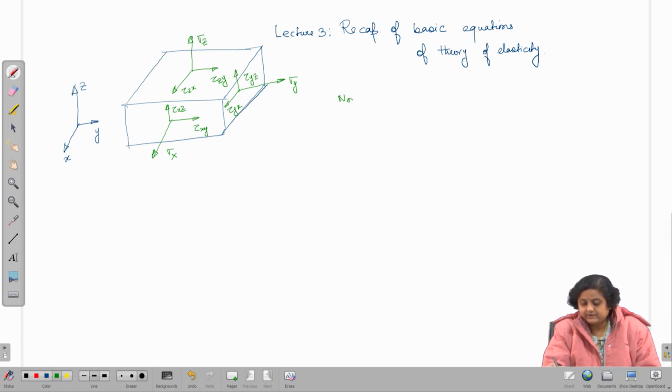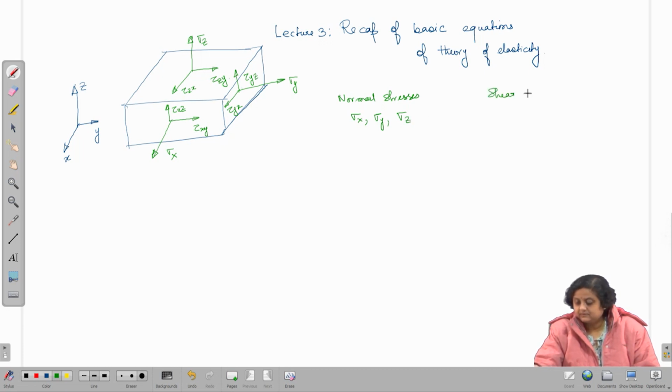So, the normal stresses are sigma x, sigma y and sigma z, and the shear stresses are tau x y, tau y z and tau x z. This again, as we know, the complementary shear stresses are there, which are equal to each other.